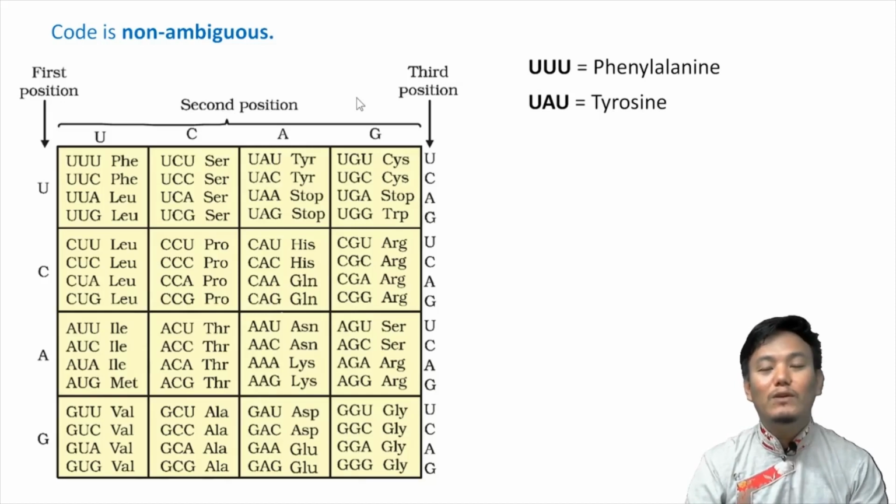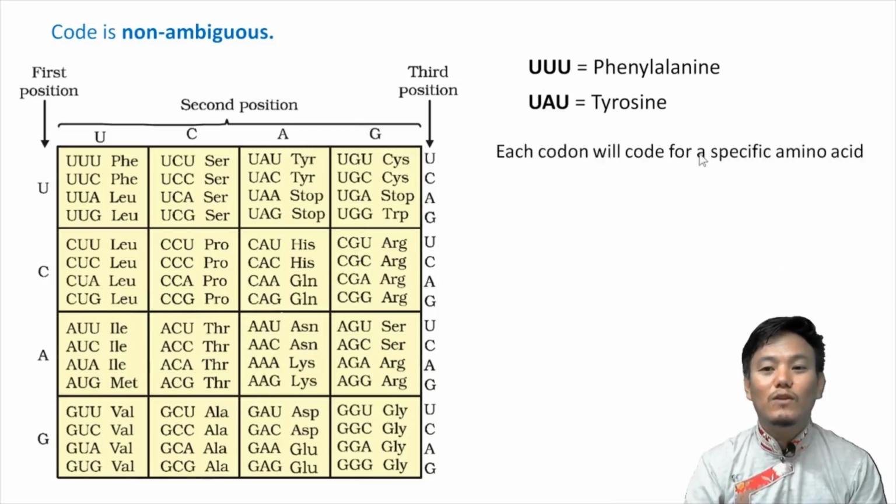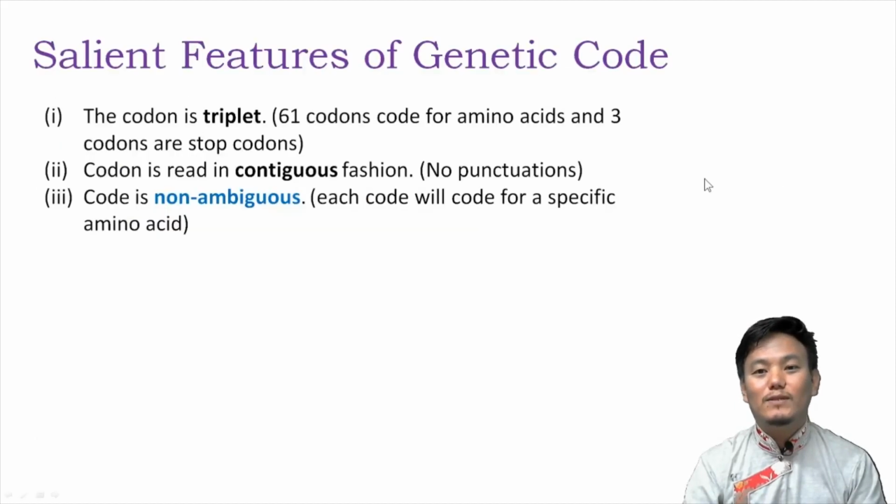There is no ambiguity. UUU will not code for any other amino acid. UUU will always code for phenylalanine. UAU will always code for tyrosine. That's what the third salient feature says. Each codon will code for a specific amino acid.